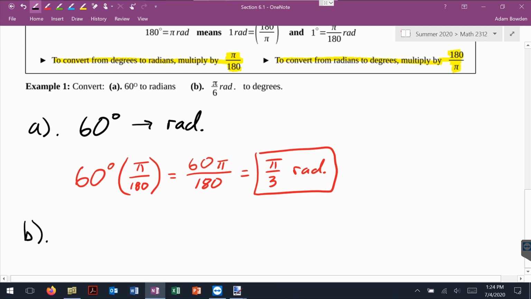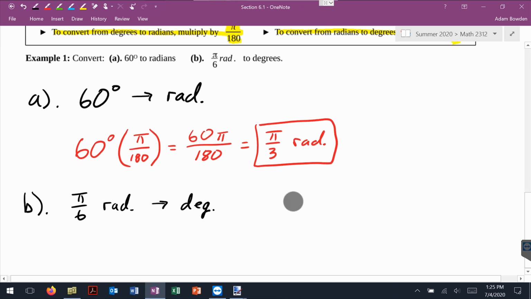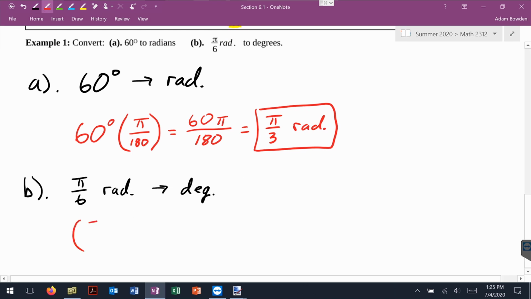Let's say we want to convert pi over 6 radians into degrees. We can do that by taking pi over 6 and multiplying that by 180 over pi. That would look like 180 pi over 6 pi, but we can reduce that further into just 30 degrees.